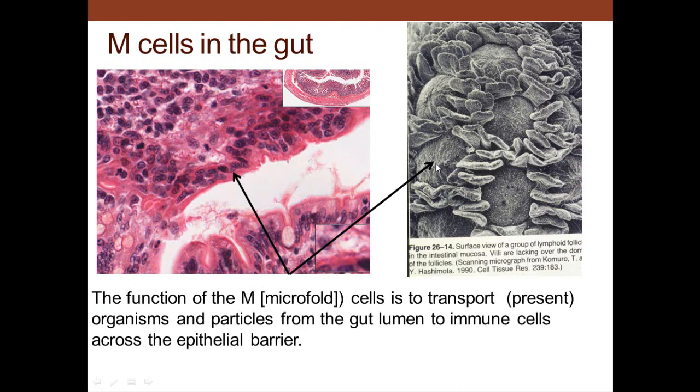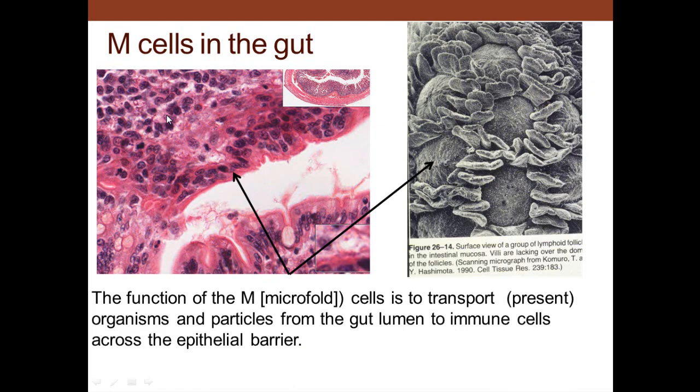And these cells, as you see in a scanning electron microscopy view, have a role in presenting antigens to the surface. The function of the M cells is to present organism particles from the gut lumen to the immune cells across the epithelial barrier.